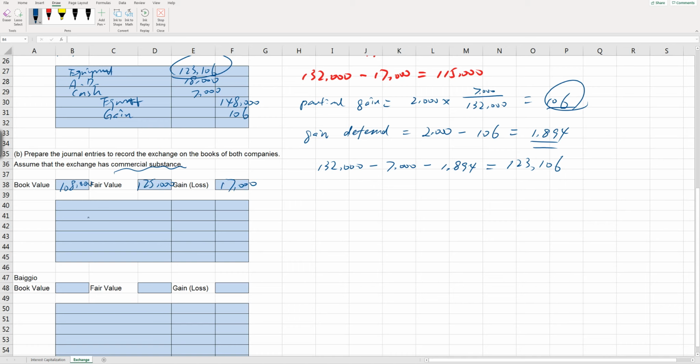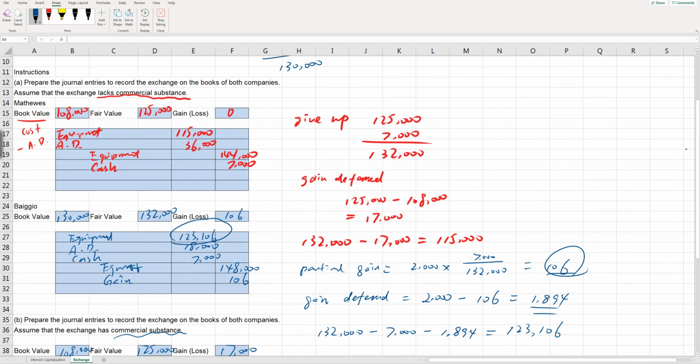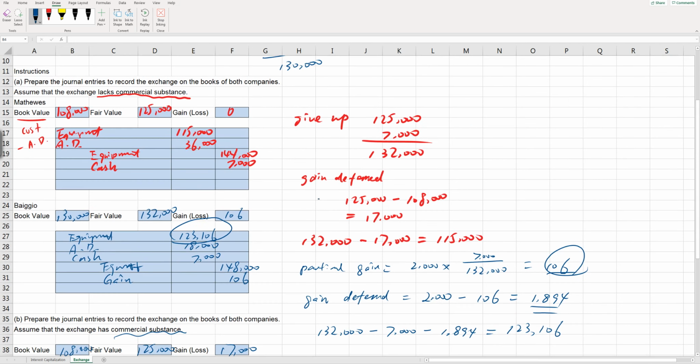So if I recognize the total gain right here, the value of the assets acquired will be determined by the value I gave up. So I gave up $132,000. Therefore, the assets acquired will be recorded at $132,000.